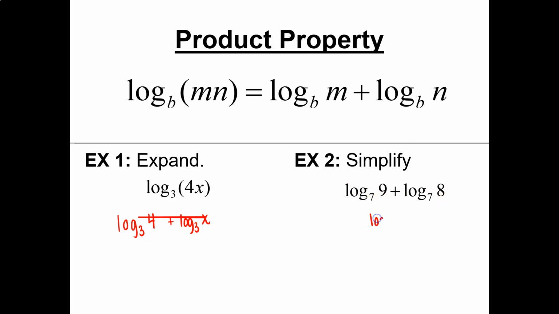So you'll have log base 7 of 9 times 8. I'm writing this every single step just because I do that in notes to make sure everybody's following me. You can skip straight to log base 7 of 72.